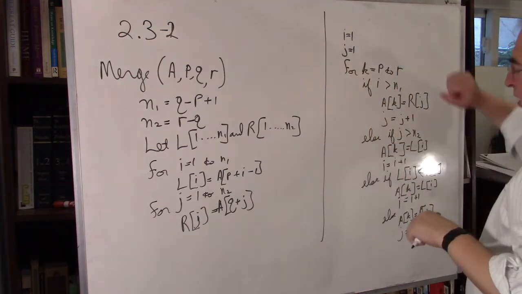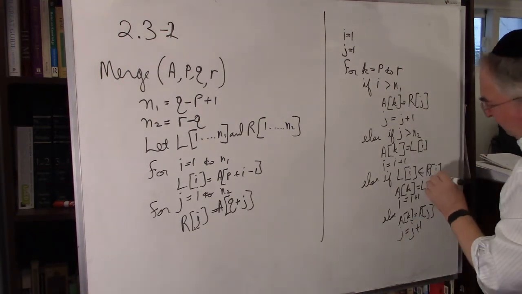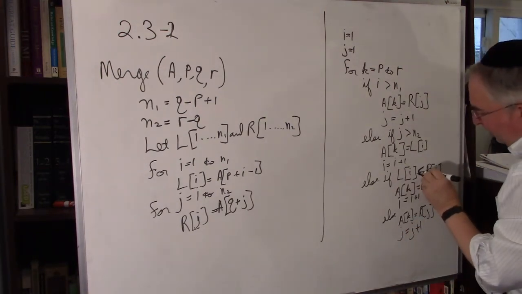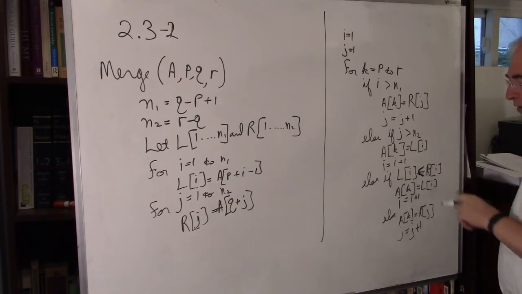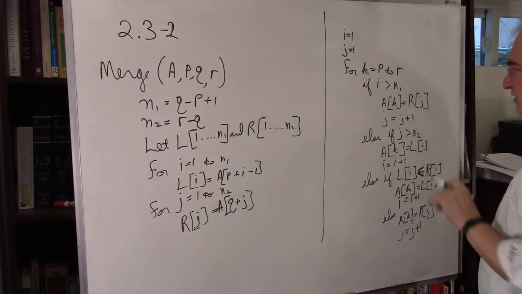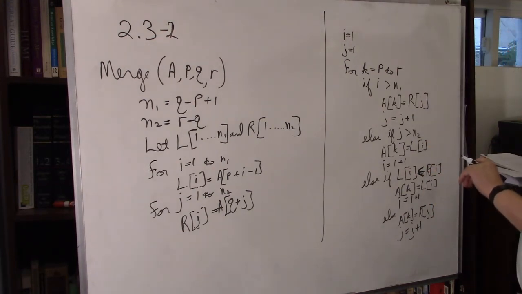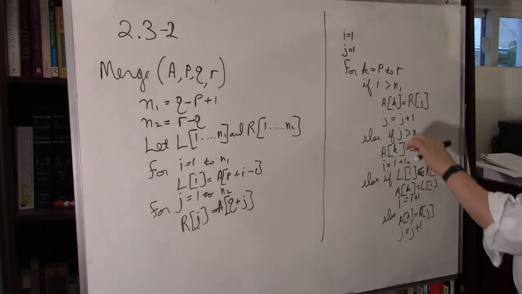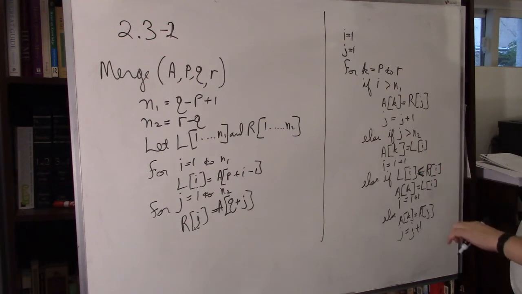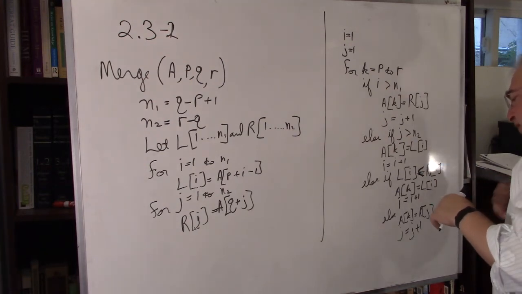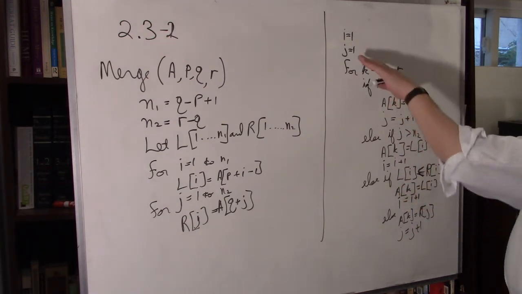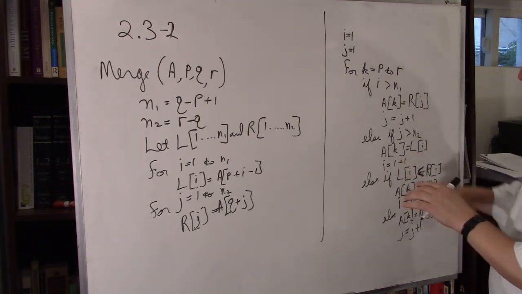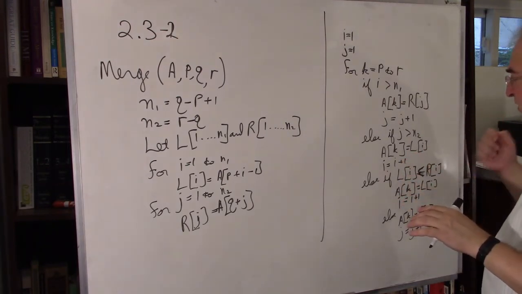So basically the brains of it is right here. We're going to compare the Ith element of L to the Jth element of R. That's the main thing. And we're always putting in the kth place, but every time we put in something, we're incrementing the counter. Did we get to that point, yes or no?